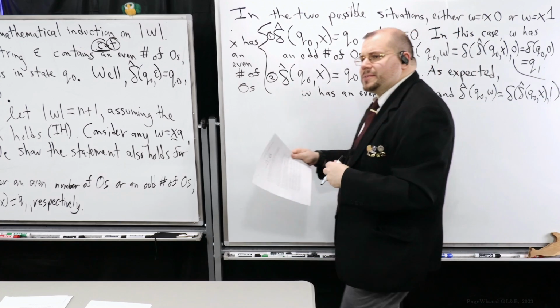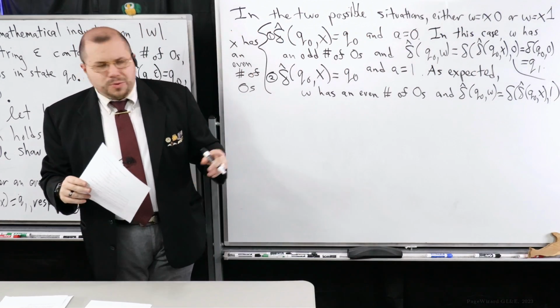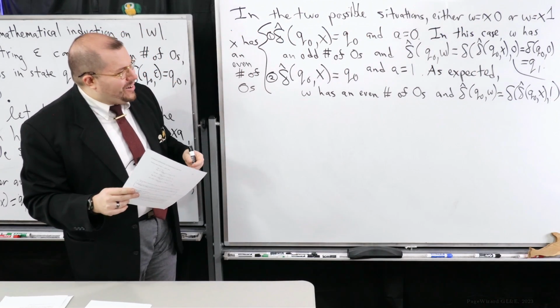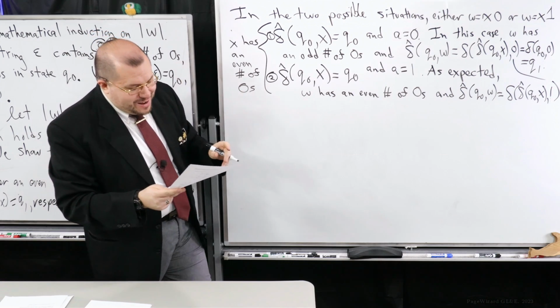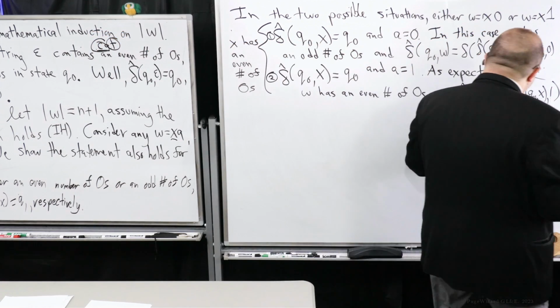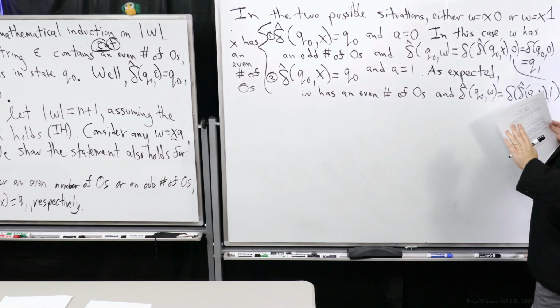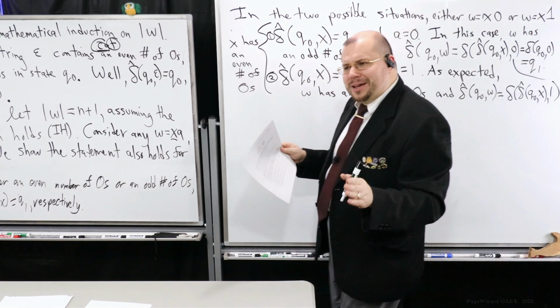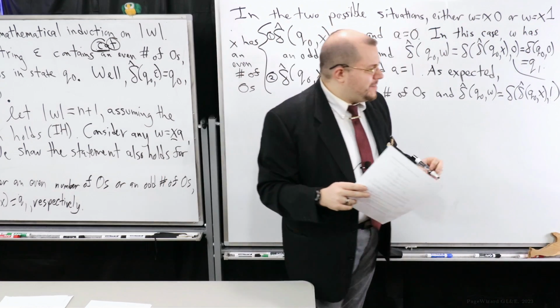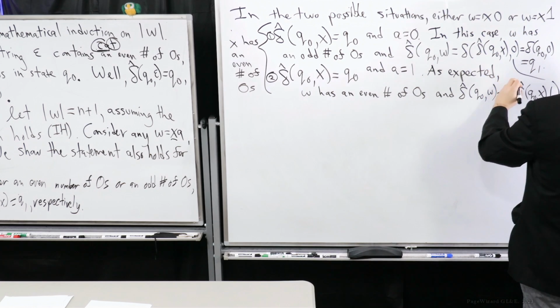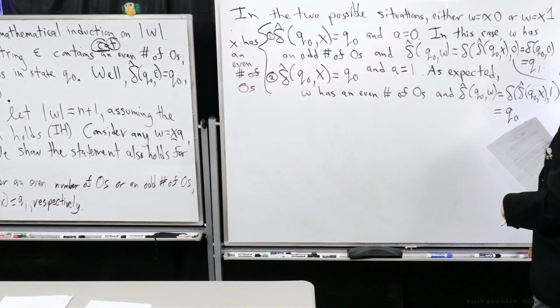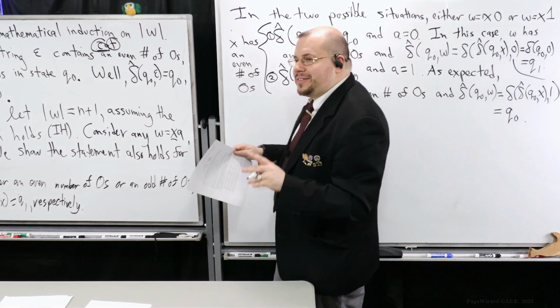Well, what is that? What should you expect to happen if I read another 1? Does it go to the other state? No, it just stays in the same state. So this is just equal to Q0, which is what you'd expect to happen, right? So that's our first two cases.